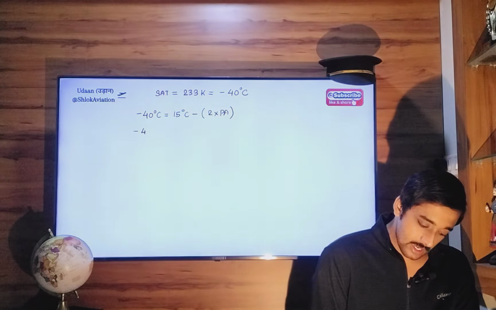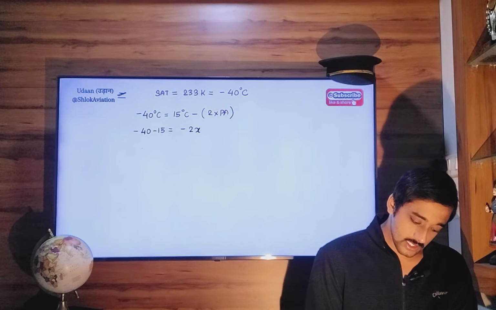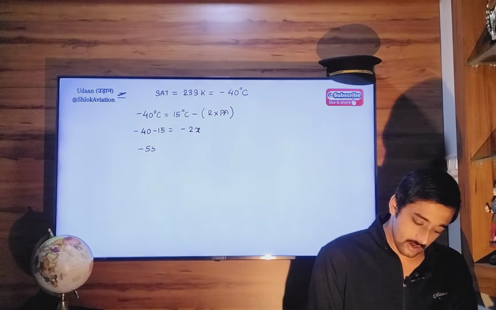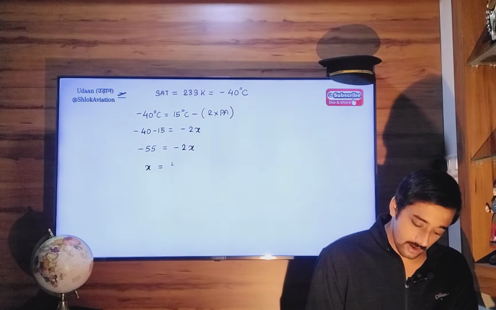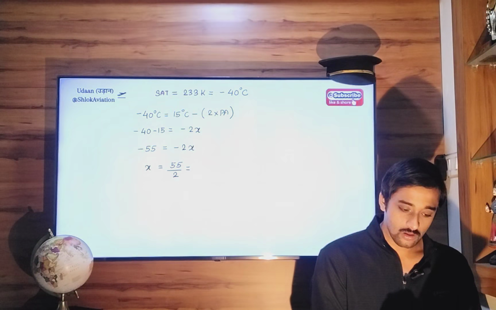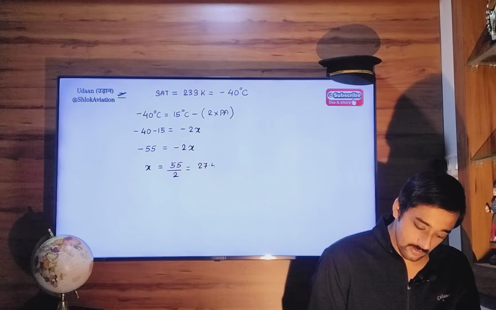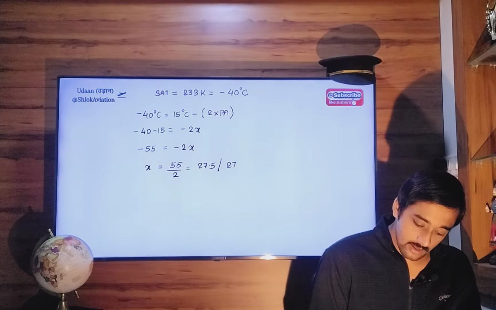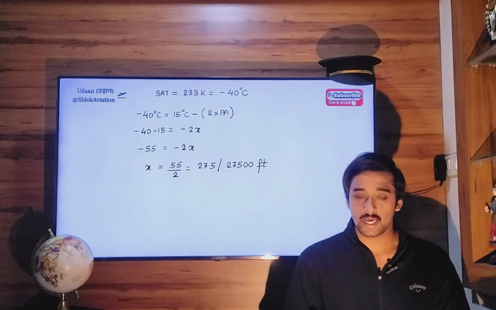So minus 40 minus 15 equals minus 2x. So minus 55 equals minus 2x. So x equals 55 divided by 2, that is 27.5, or 27,500 feet. So at this altitude you are going to find minus 40 degrees Celsius.